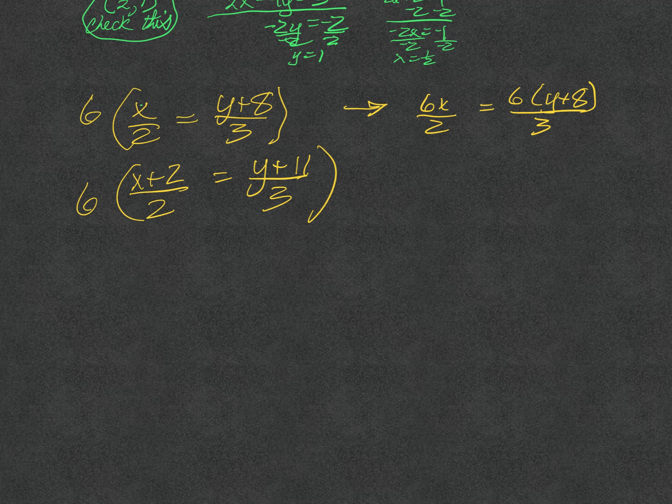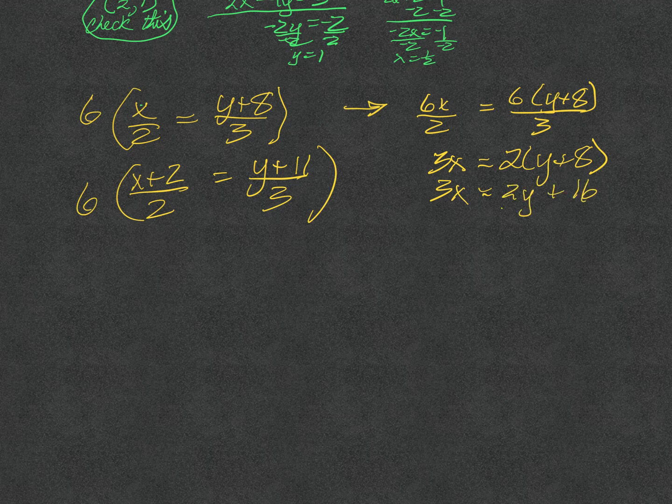So there's that first one. And 6 over 2 is 3x. And then 6 over 3 is 2, so you get 2 times y plus 8. And then that becomes 3x equals 2y plus 16.